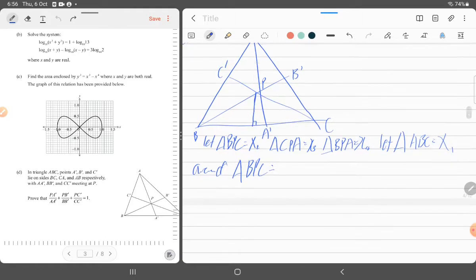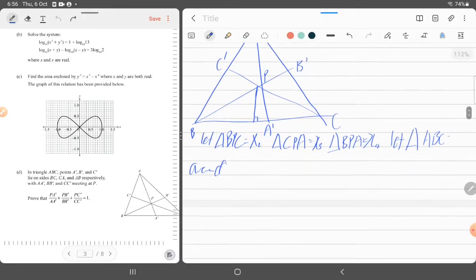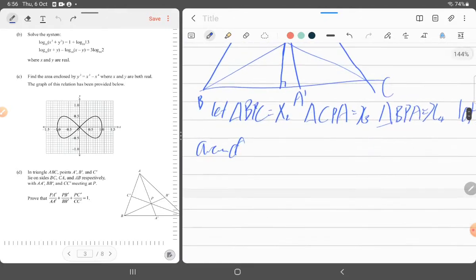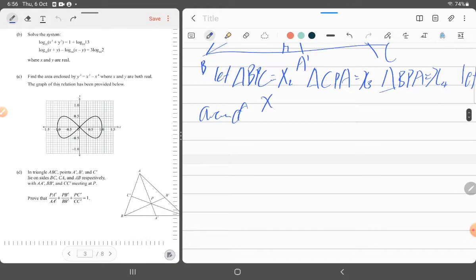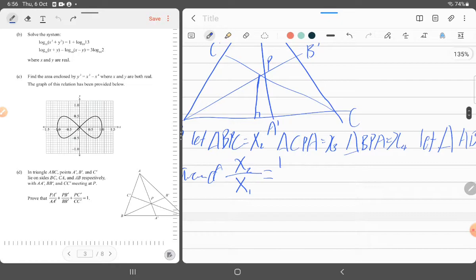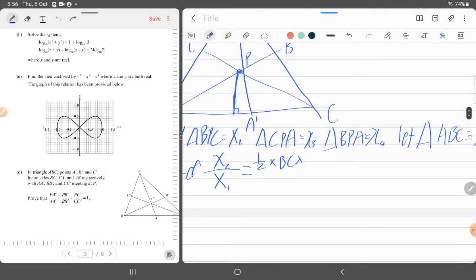So x2 over x1 is equal to half times BC times this altitude. By the way, this all goes to the center.